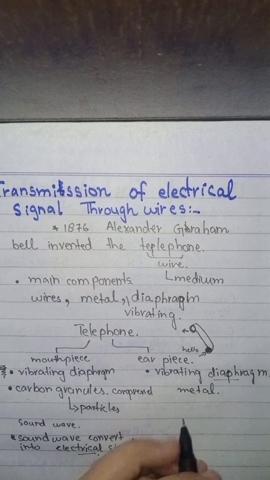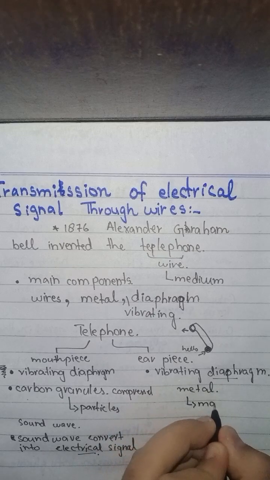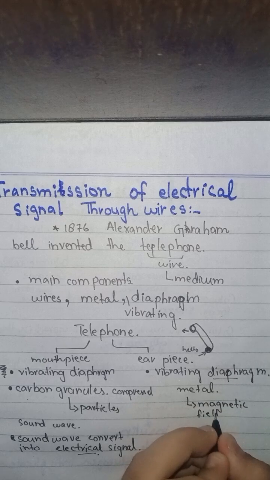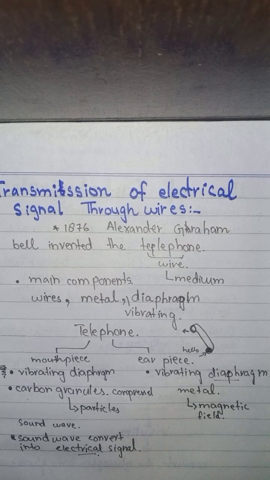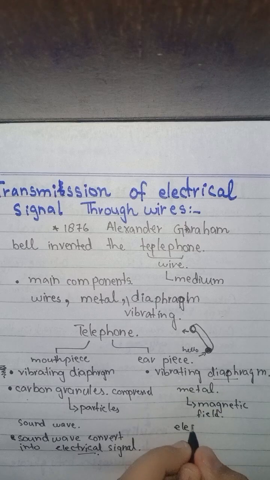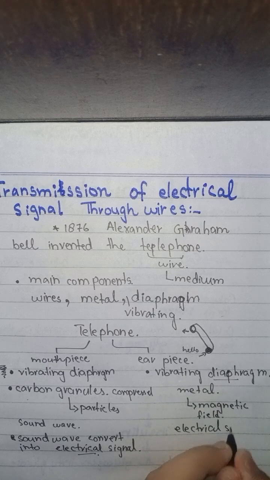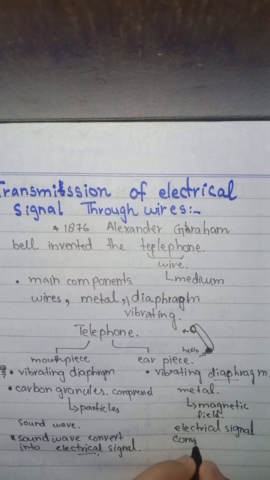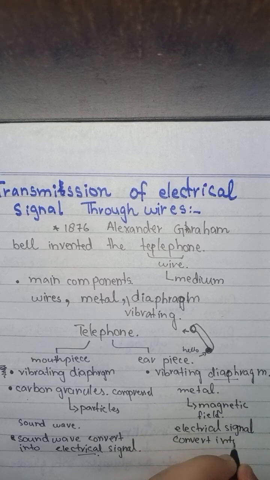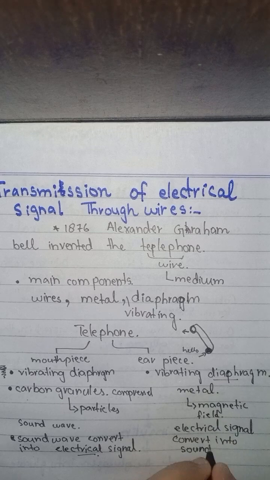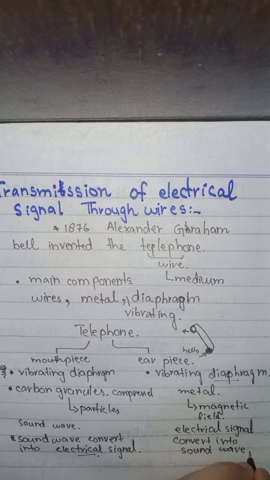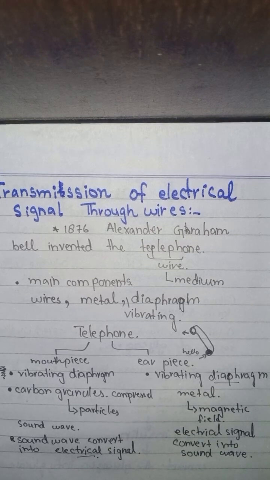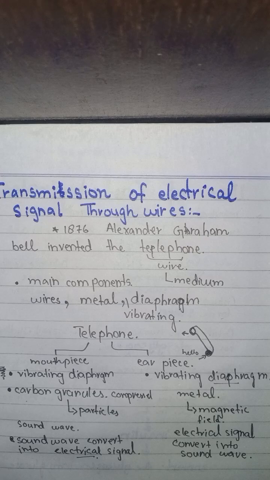So the metal will produce a magnetic field around it. Due to the magnetic field, again the electrical signals convert into sound waves, so that the other person receives them. So let me tell you once again this whole process.